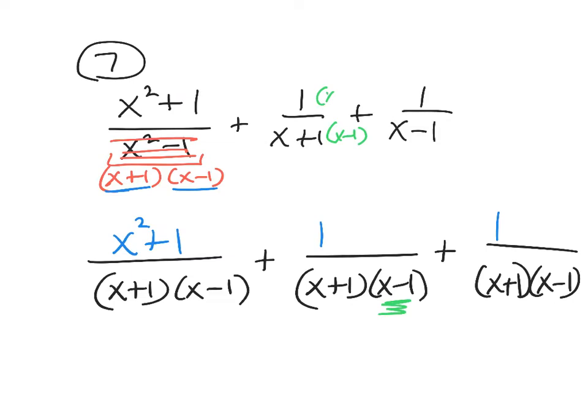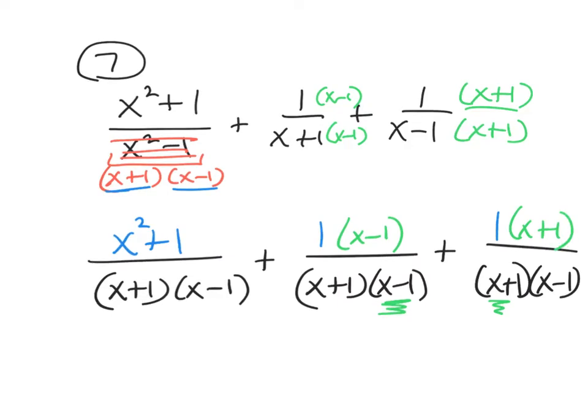So whatever you're going to multiply to get to the common denominator for the bottom, you do to the top. The last fraction, it's missing the x plus 1. So again, whatever you multiply the denominator by to get to the common denominator, do to the numerator.